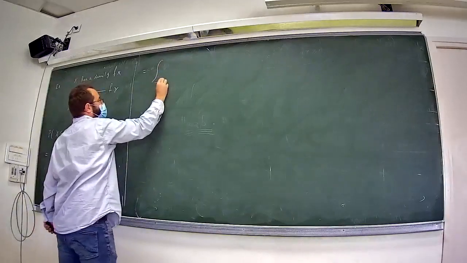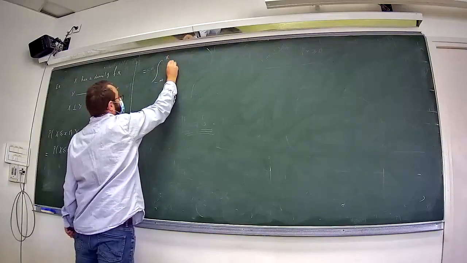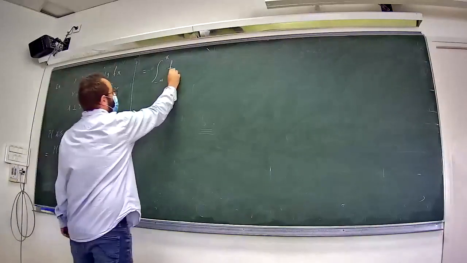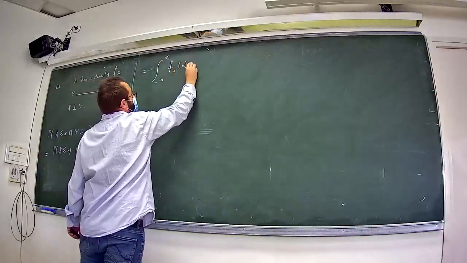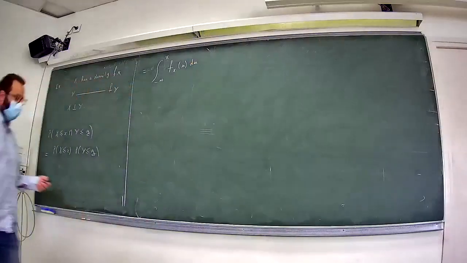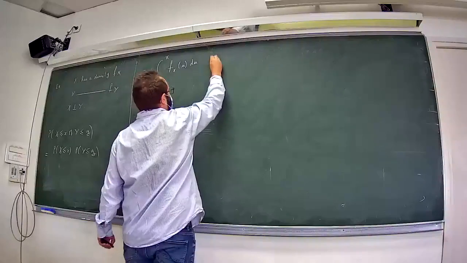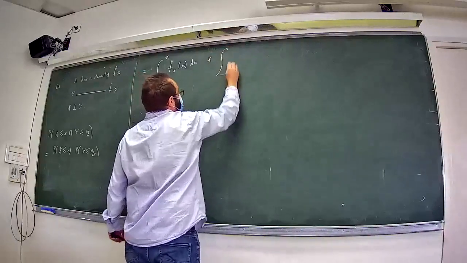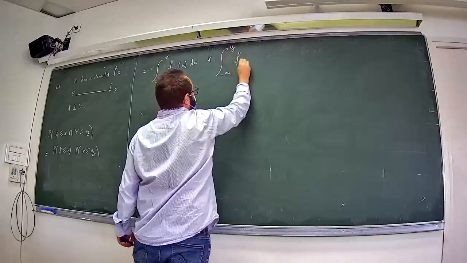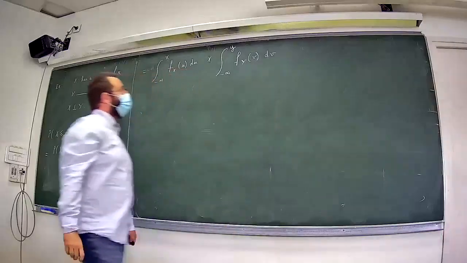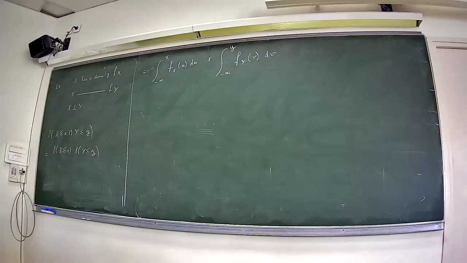Integral from minus infinity to x of f_X of u, that is for the first part, this probability, multiplied by the probability that capital Y is less than small y, this one. So I have the product of two integrals.